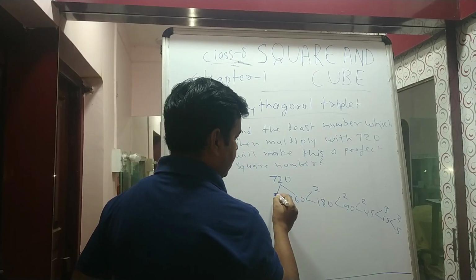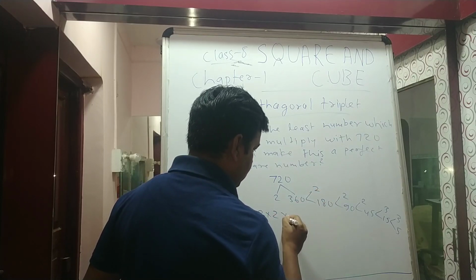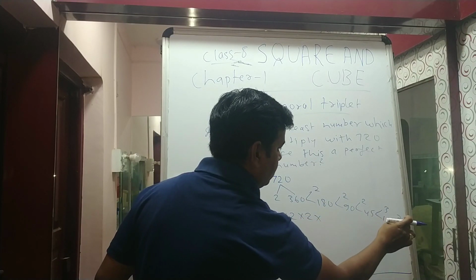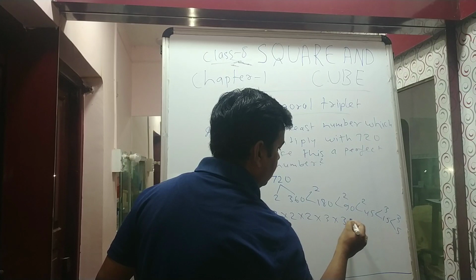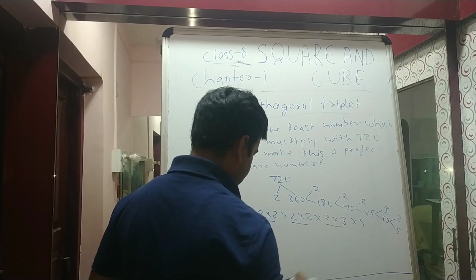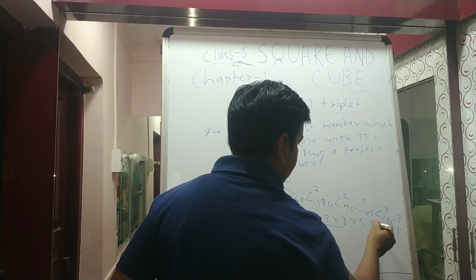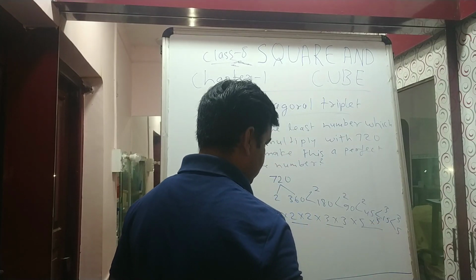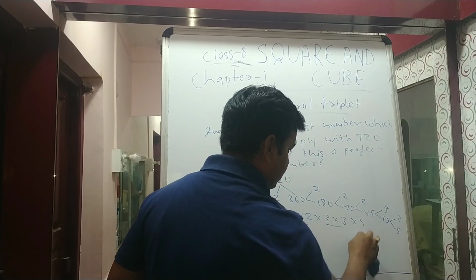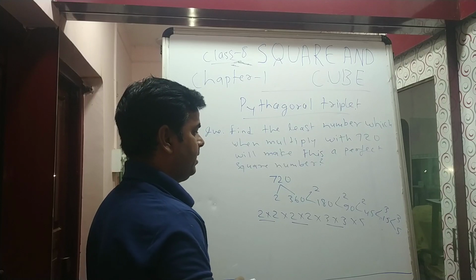If you see, the factors are 2 into 2 into 2 into 2 into 3 into 3 into 5. Pairs are this, this and this. This is alone. So if we multiply 5 with this, that will be also in pair. If all numbers are in pairs, we can say that number is a perfect square.